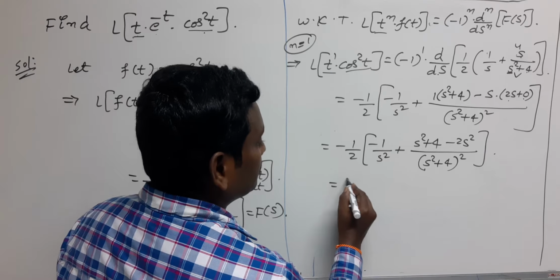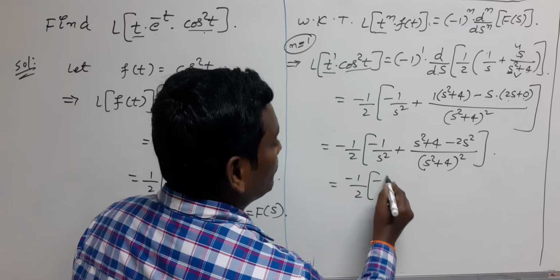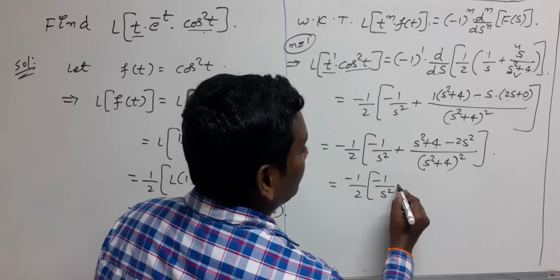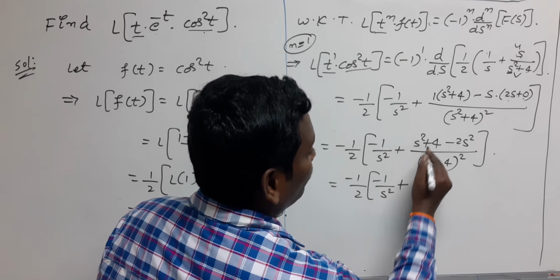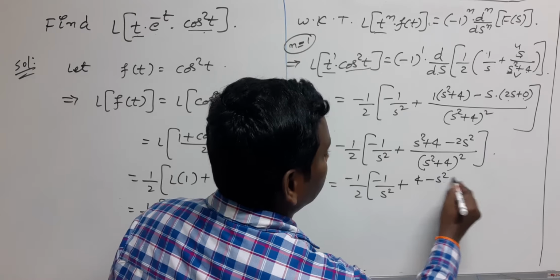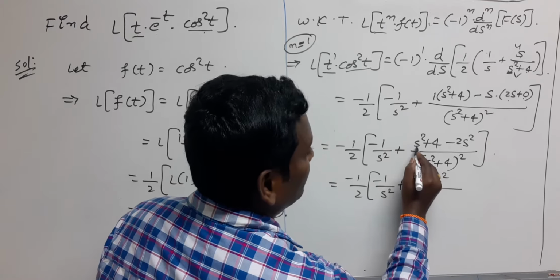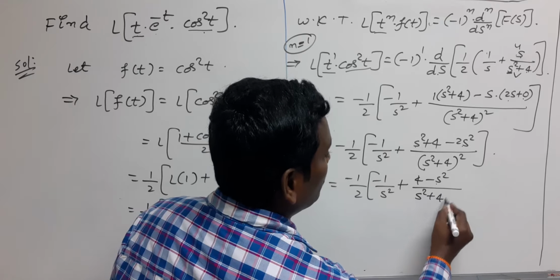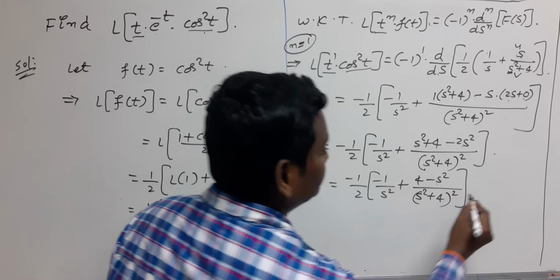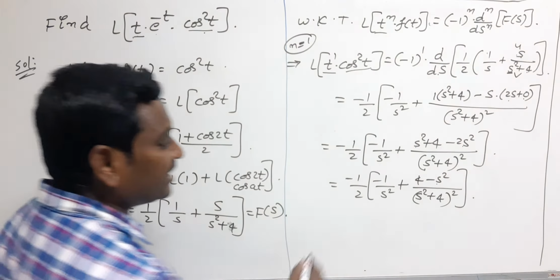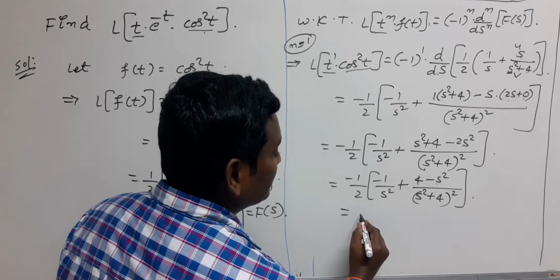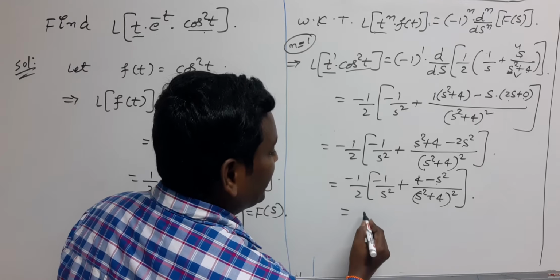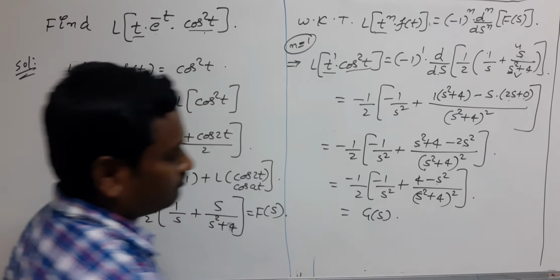So that is equal to minus 1 by 2 into minus 1 by s square plus 4 minus s square. Okay, because s square minus 2s square is minus s square by s square plus 4 whole square. Now this is another new function, which can be taken as g of s.